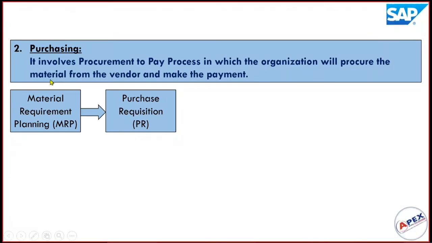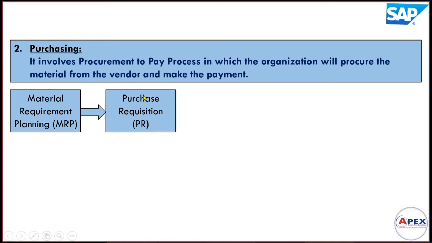To manufacture any product, if the production department has a requirement for any material, the production department will generate a PR, that is, a purchase requisition.